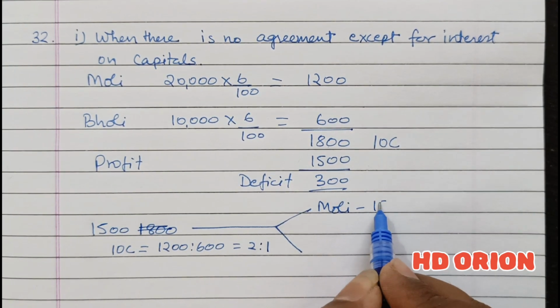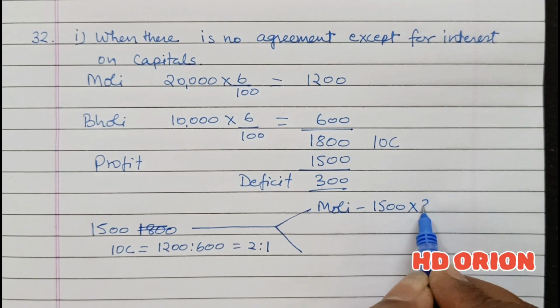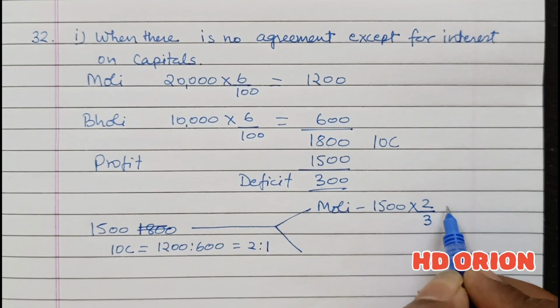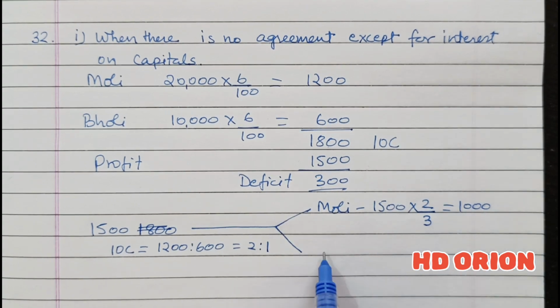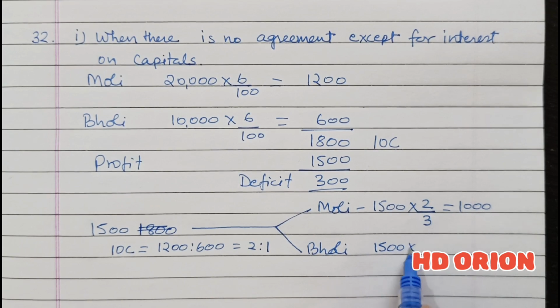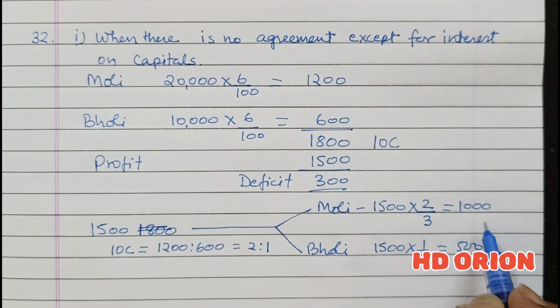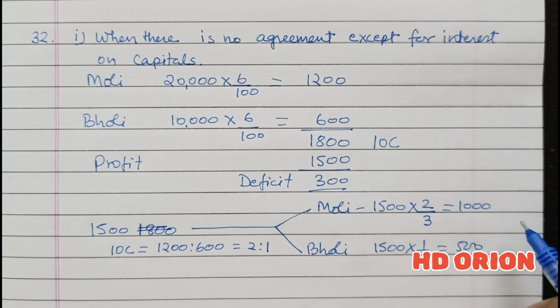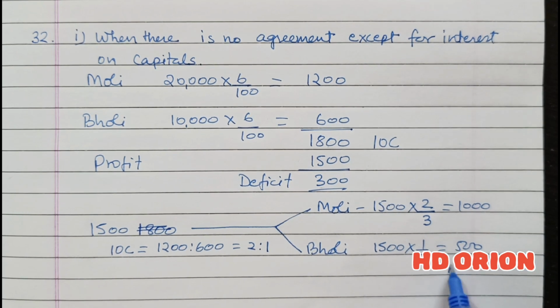So 1500 will be given to them in their interest on capital ratio, that is 2/3, that is rupees 1000, and to Bholi 1/3 of 1500, that is 500. So this is the distribution of profit or appropriation of profit to the partners in the form of interest on capital in this way. So this is the answer for the first case.